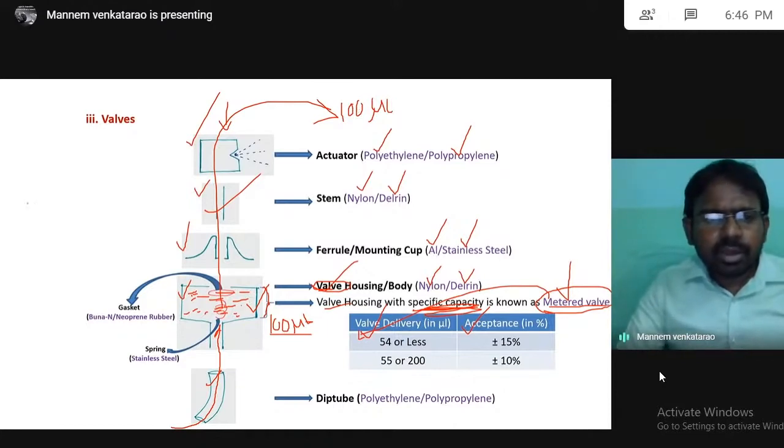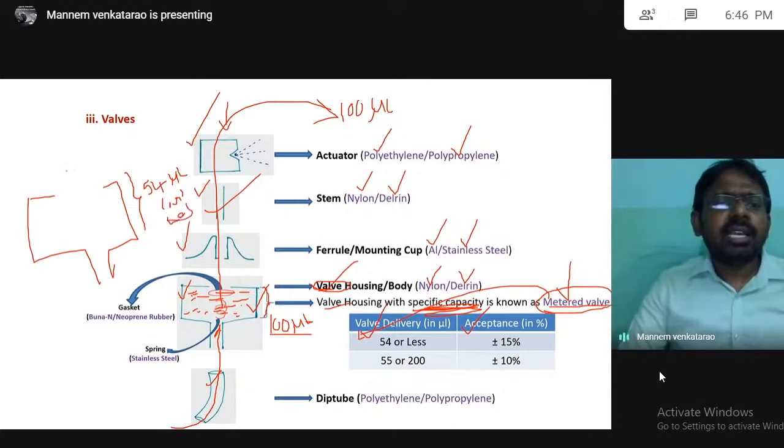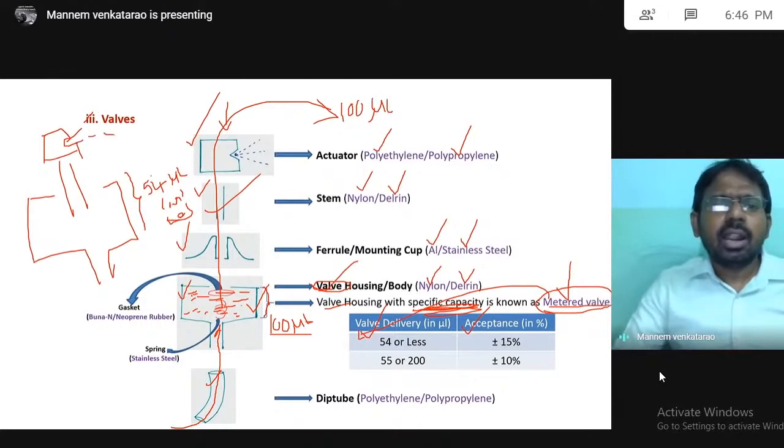If on this chamber they marked 54 microliter, then no need for exactly 54 microliter to be ejected upon pressing; some deviation is acceptable. Add 54 plus 15.